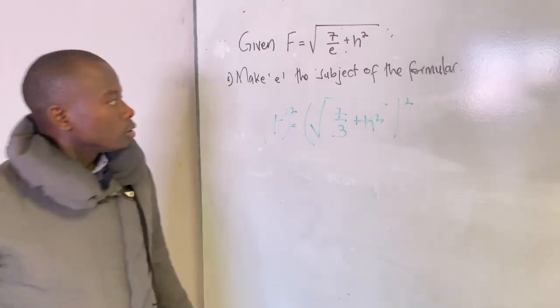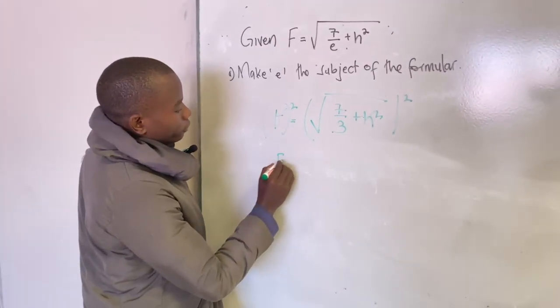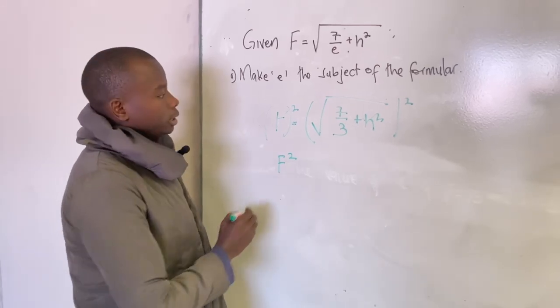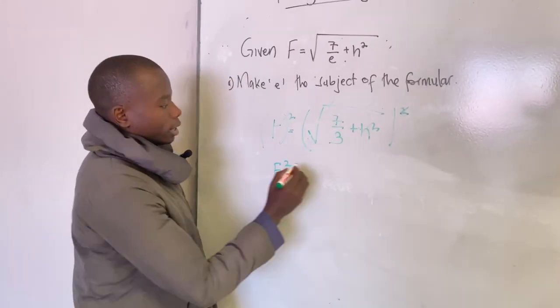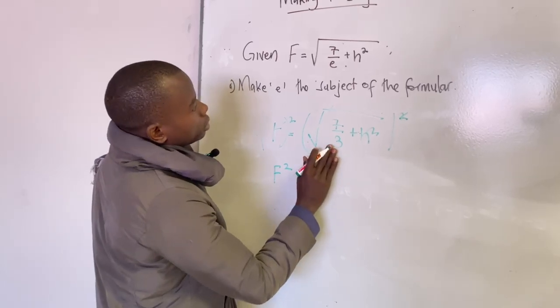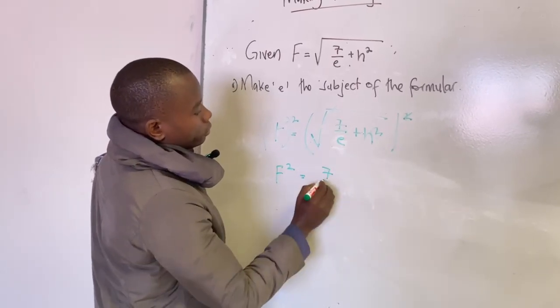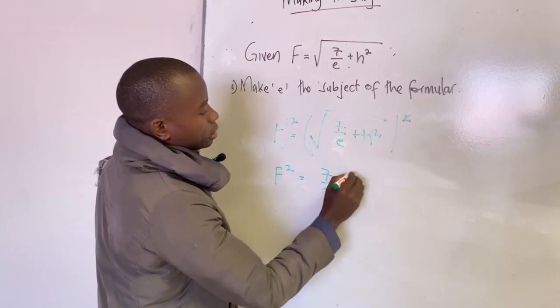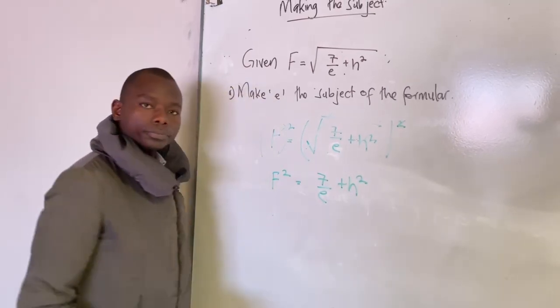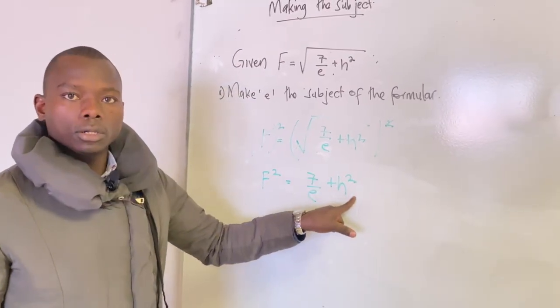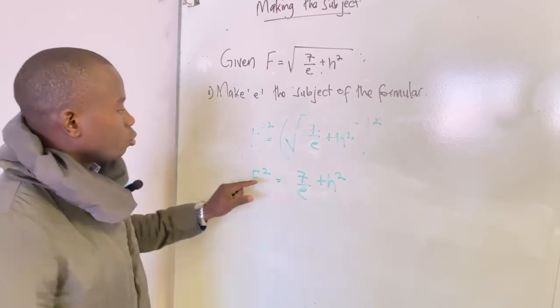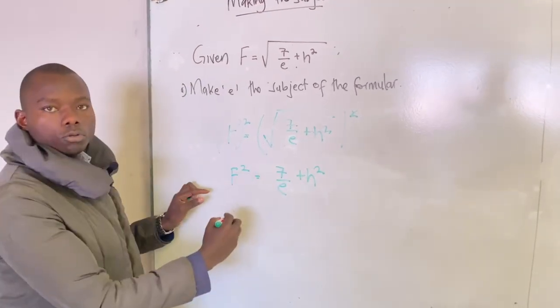This means that we are going to have f squared, then the root has gone with the square. So we have 7 over e plus h squared. We have to make h squared cross the equal sign.